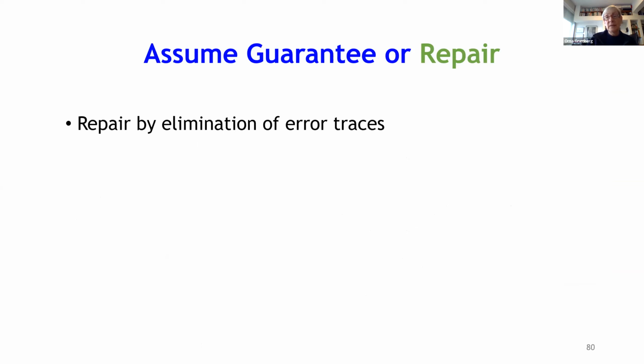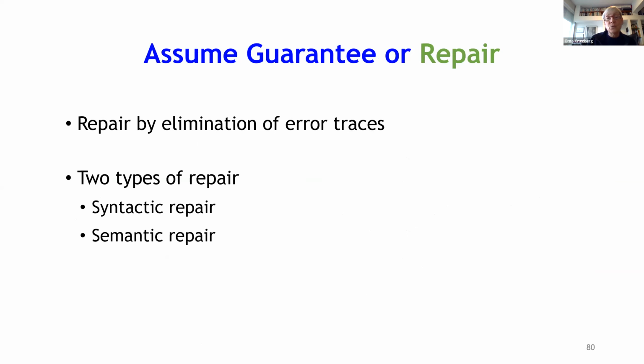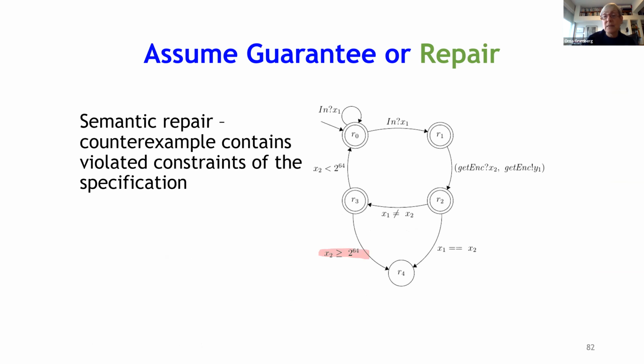The repair is by elimination of an error trace, and we have two types of repairs. One is syntactic, and another one is semantic. I'll go to the semantic first. It is more interesting.